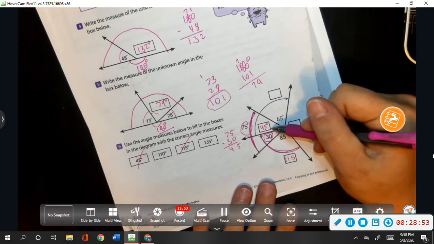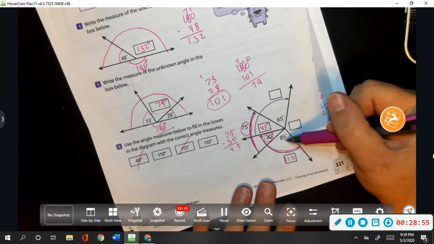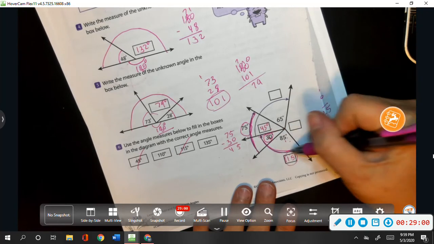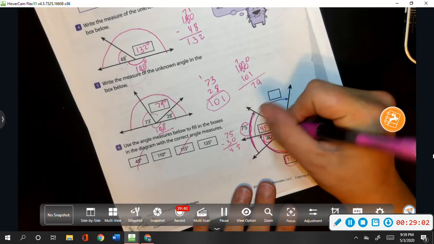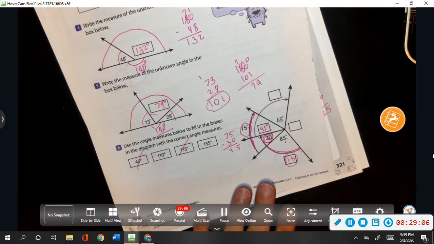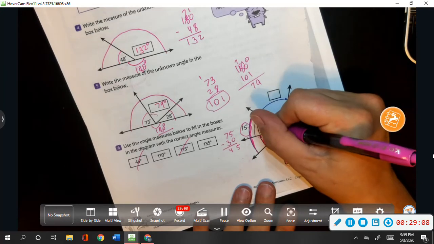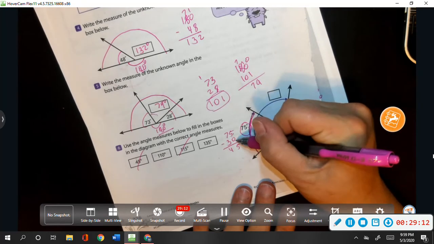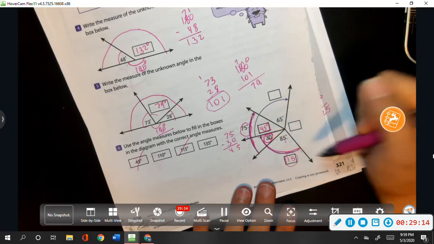You see why I subtracted there? I added here because I already knew what my angles were. I wanted to know what my big angle was. Over here, I knew what my big angle was, and I had one measurement of one of my smaller angles, and so I was able to make the difference by subtracting and finding out that last smaller angle.